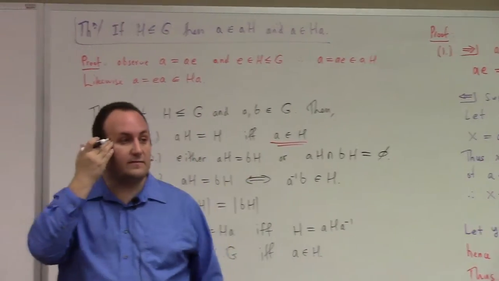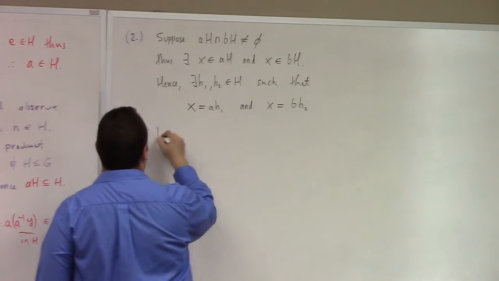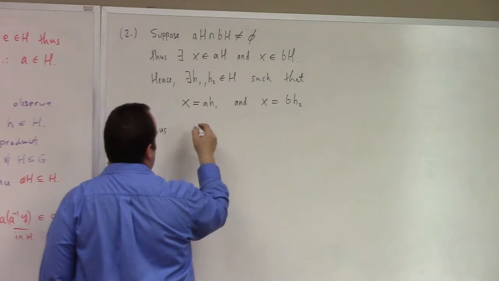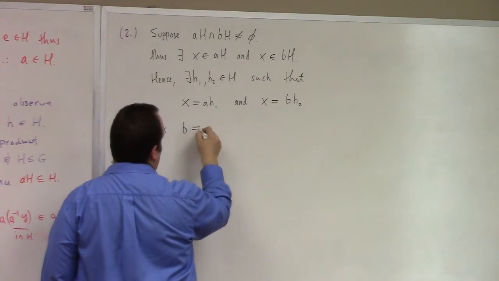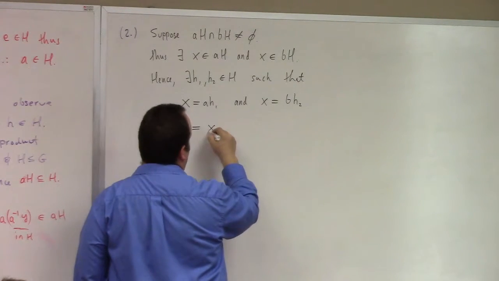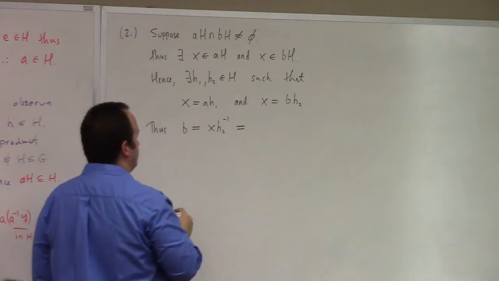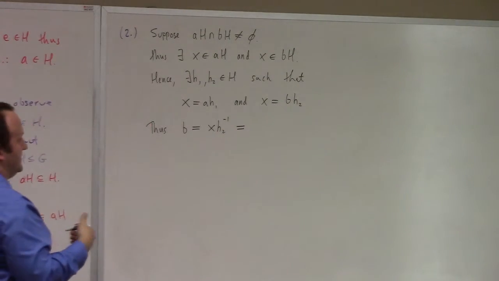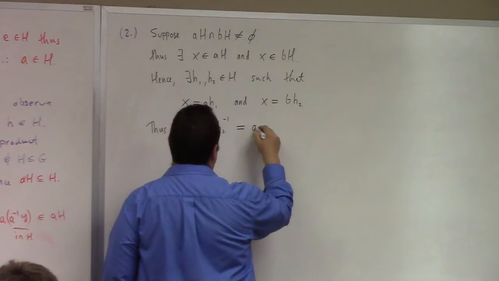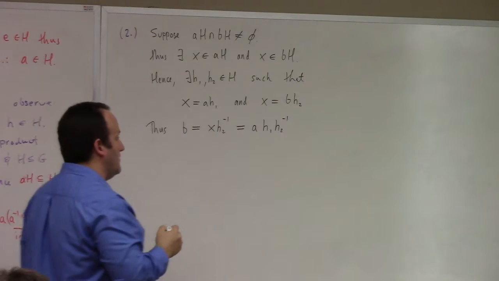So these are related, right? What's to say about the relation of A and B? B is equal to X H2 inverse, right? But what else? We can rewrite that again. That's A H1 H2 inverse.